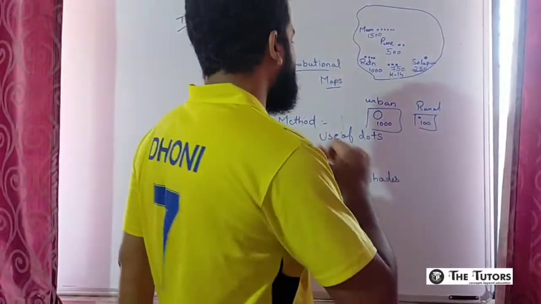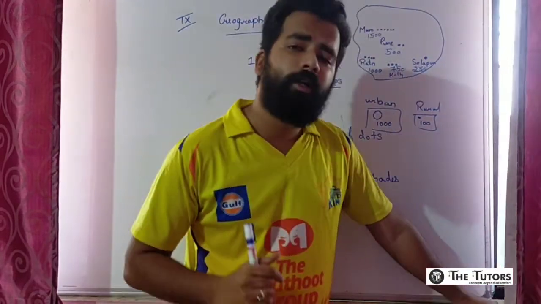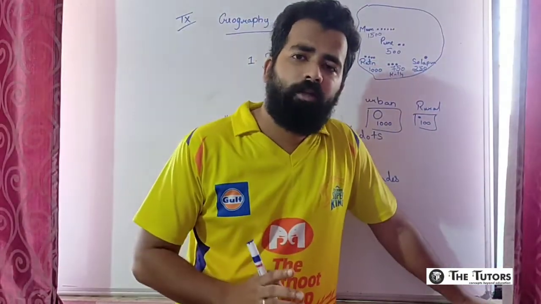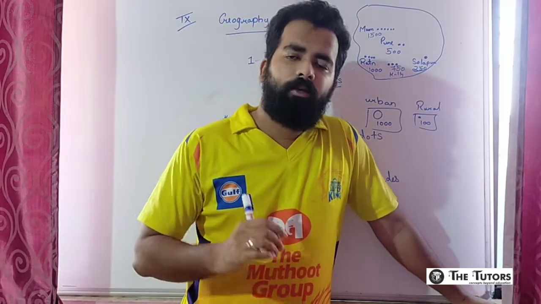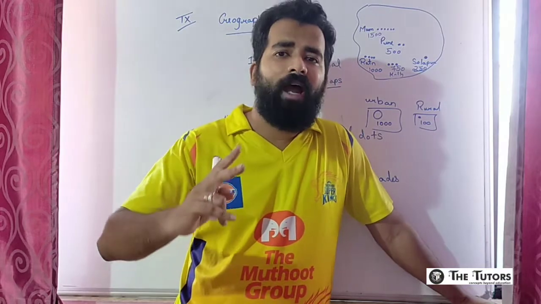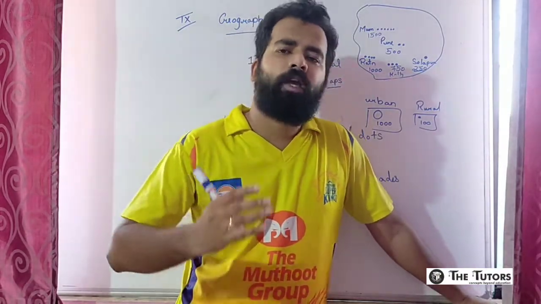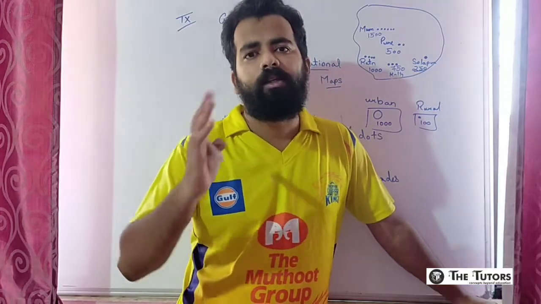Okay. Second thing, dot method. While making dot method, you should make use of dots which are uniform in size. Okay. You should make dots which are uniform in size. Second thing, if you want to make big dots and you are not able to make big dots, you can make circle as a substitute of that particular dot. Okay.